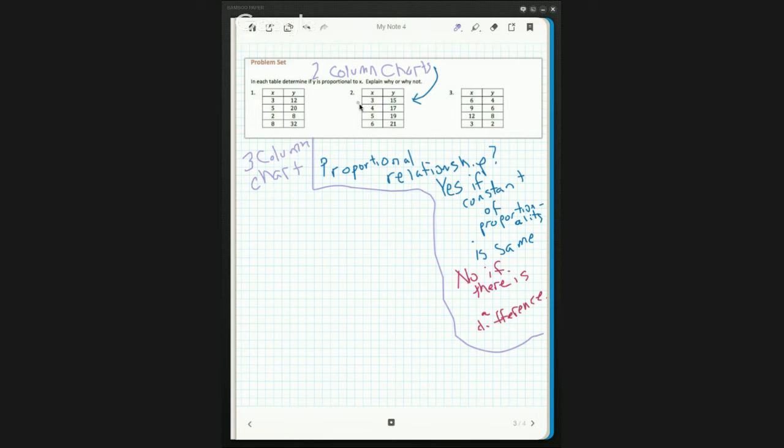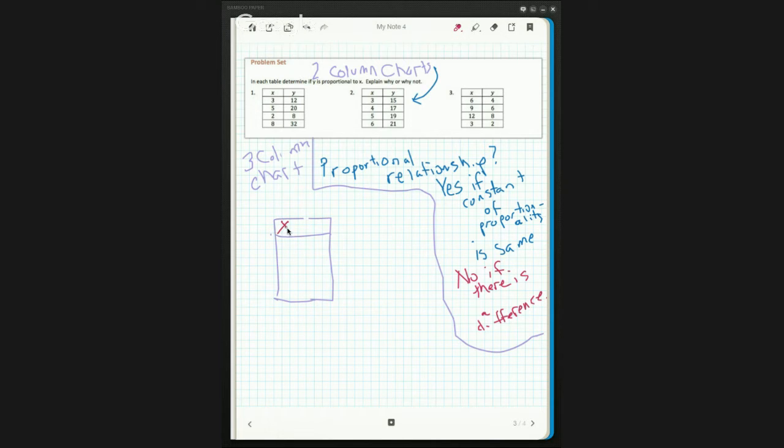So as we do all of our work, it will be copied onto a separate piece of paper, and we're going to rewrite this 2-column chart and make it a 3-column chart. If you look at it, we have a label up top. And let me put this in a separate color to make it completely obvious.